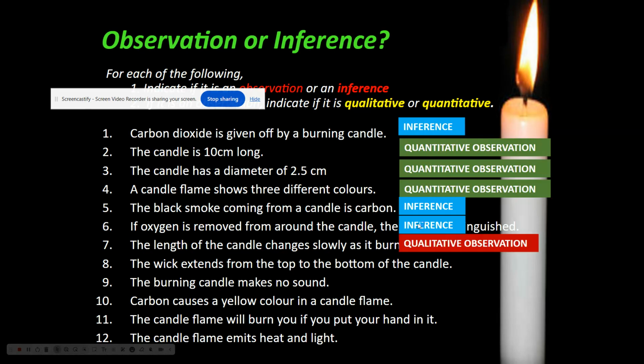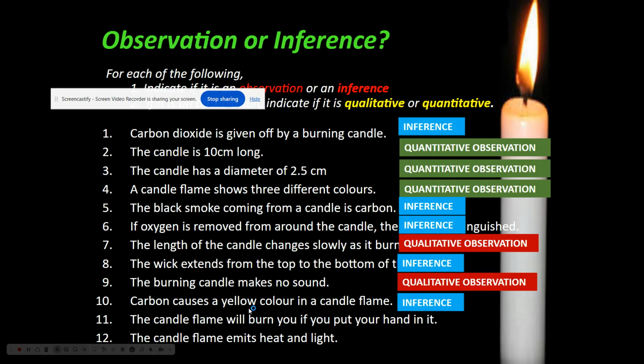The length. So if you measured it, it's quantitative. If you just said the length itself is qualitative, that's an inference. That's a qualitative observation there. This here, I believe we said was a qualitative observation, and it depends how you read the statement.